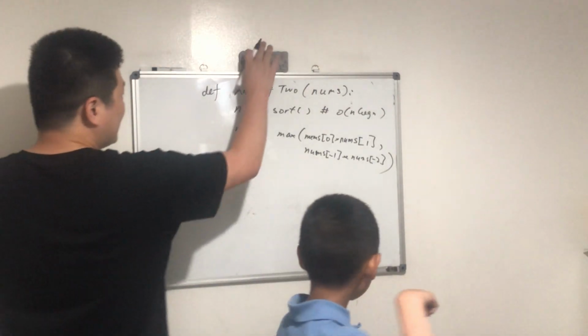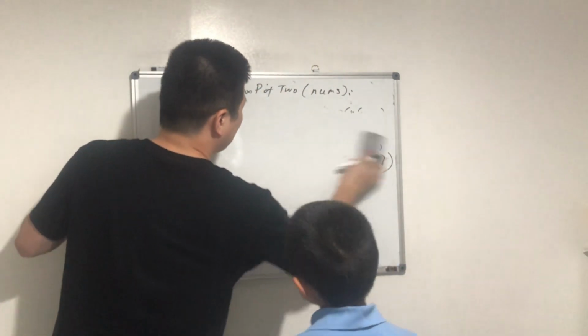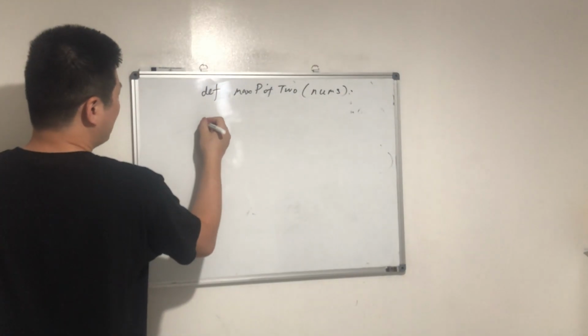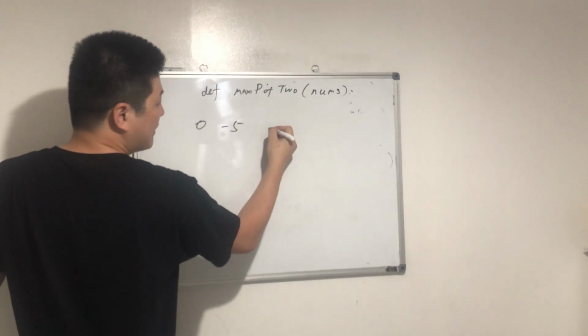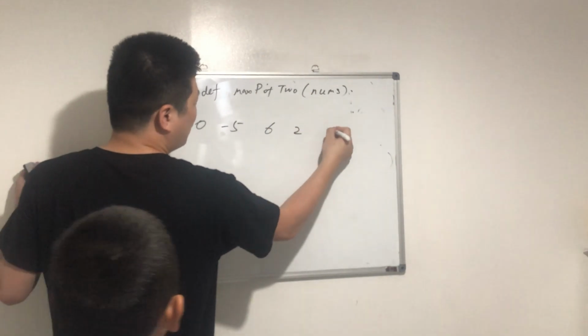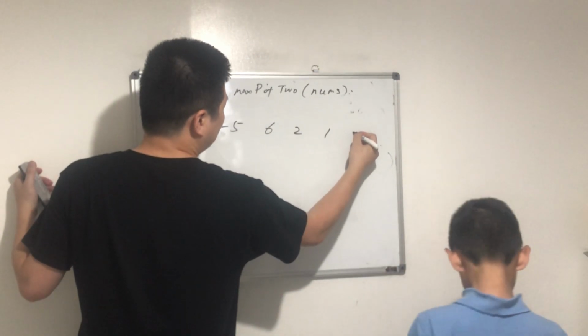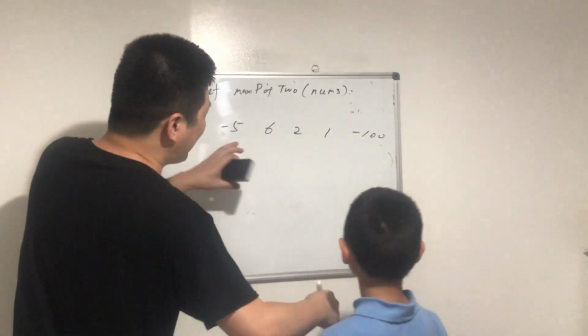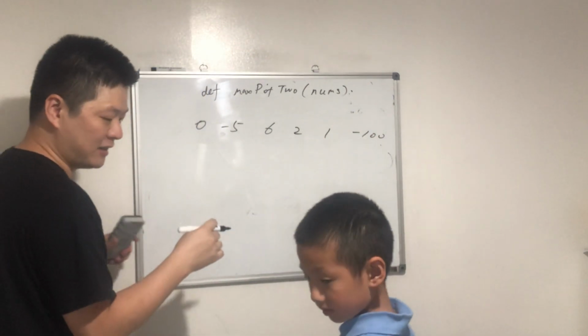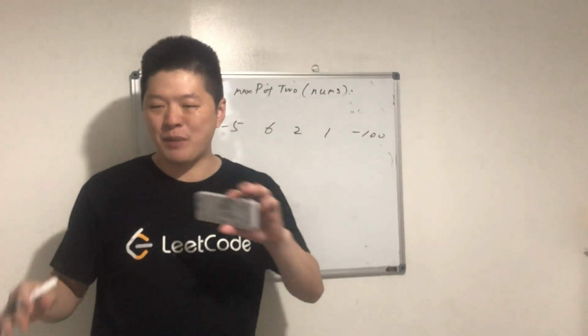Look, if we do this, this is the list of numbers: 0, -5, 6, 2, 1, -100. For example, we want to find the maximum 2 numbers.